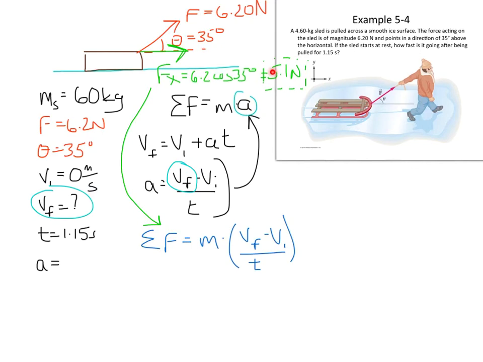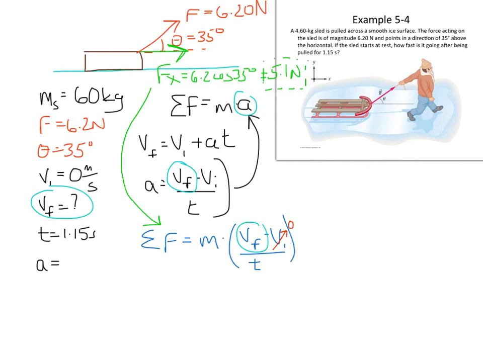All right. Well, let's kind of clean this up a little bit and solve for, what are we solving for? Well, we're going to be solving for our final velocity right there, okay? Well, we know that the initial velocity is going to go away, right, because that is just simply 0. So let's rewrite our equation right here.